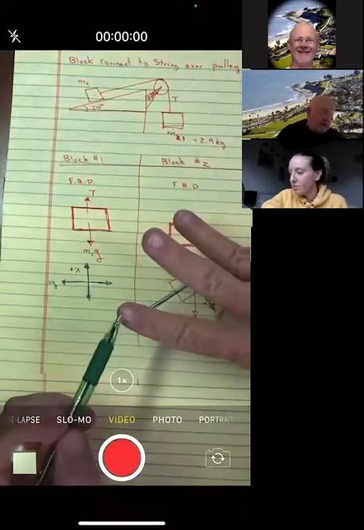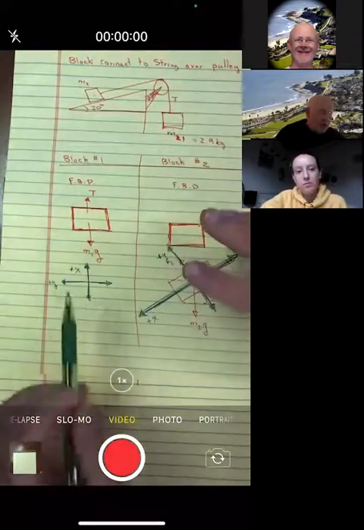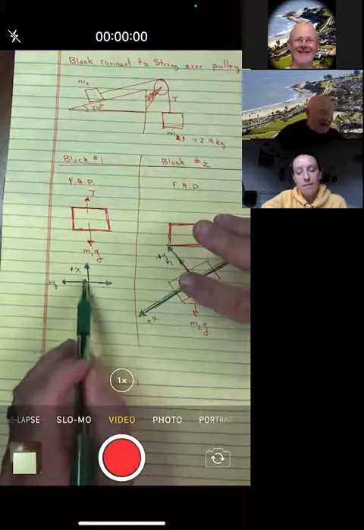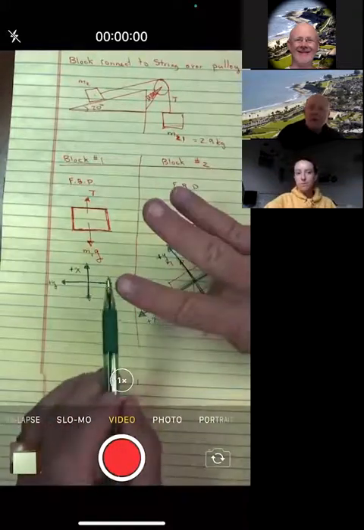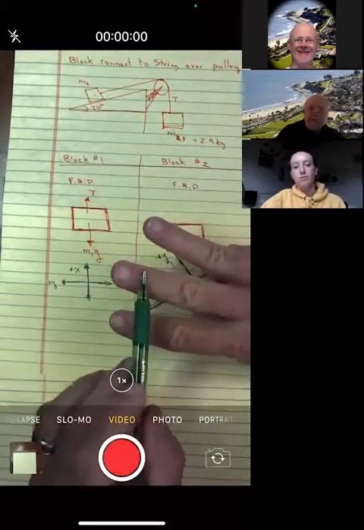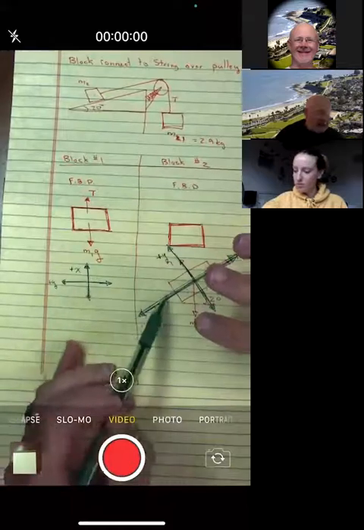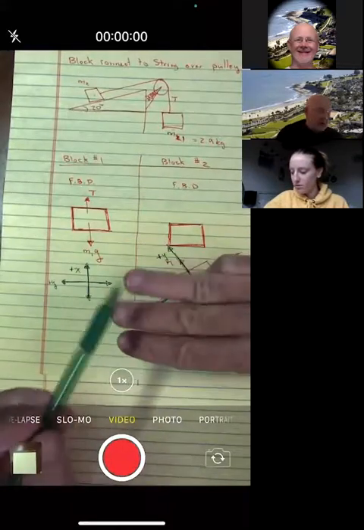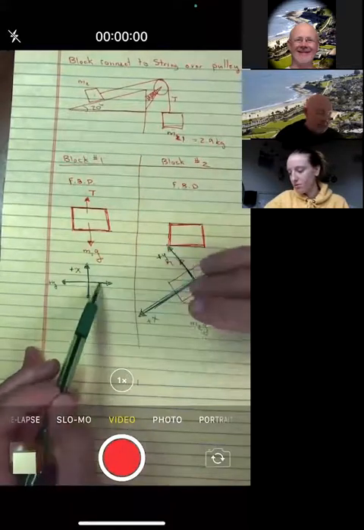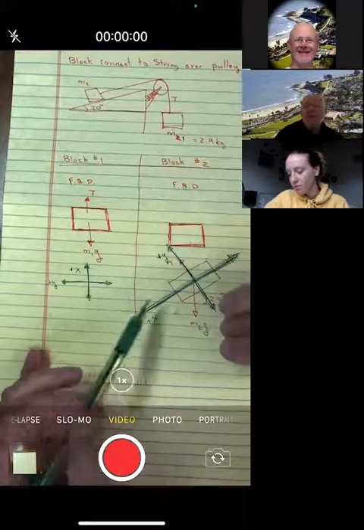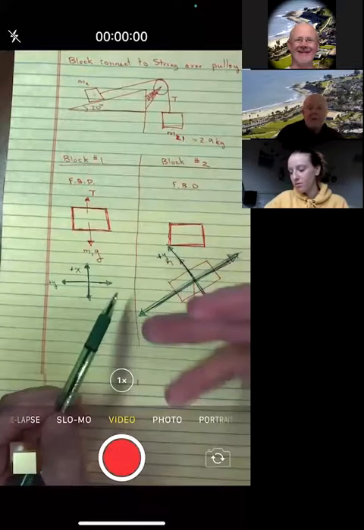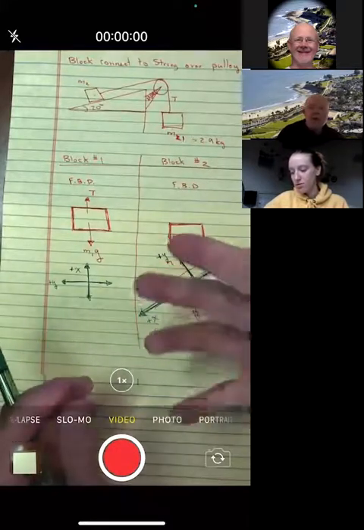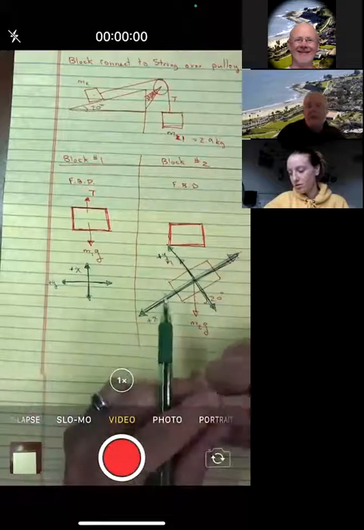One, you make one of the axes the direction it moves. Two, you make x's go with x's for the two objects. And three, you make them both either positive or both negative. You make the same sign. Okay, so if you follow those three things, your equations will be a lot easier.